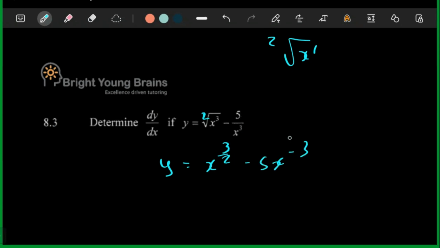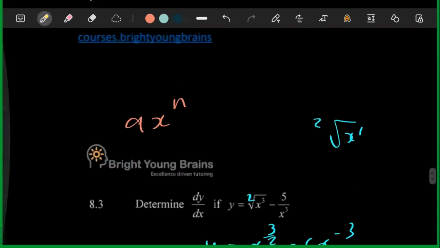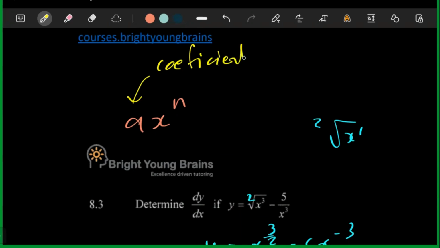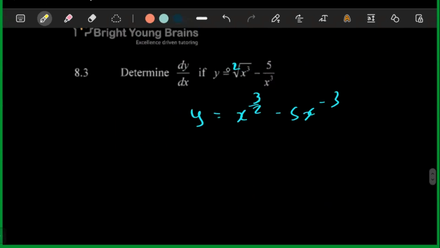The reason for doing all this is because if you're going to differentiate the expression, each term needs to be in this format where we have a coefficient, we have a base, and an exponent. So here we need first to have that the 2 has to go under the 3 there. We now have a coefficient which is 1, we have a base which is x.